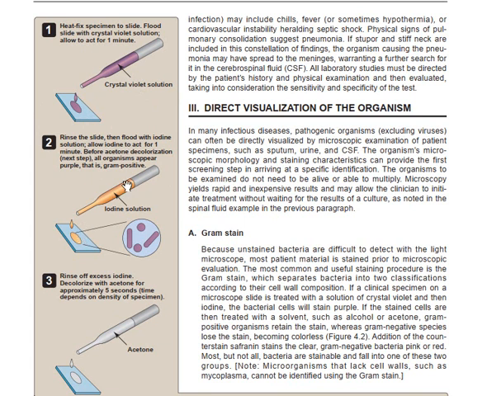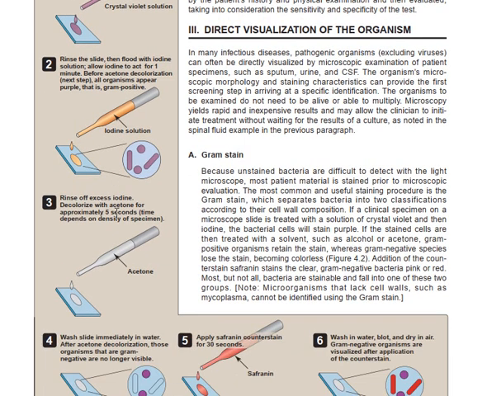Is it clear? So before acetone decolorization, that's the next step. You need to know that before the acetone decolorization, all the organisms appear purple. That is gram positive. Is it clear?